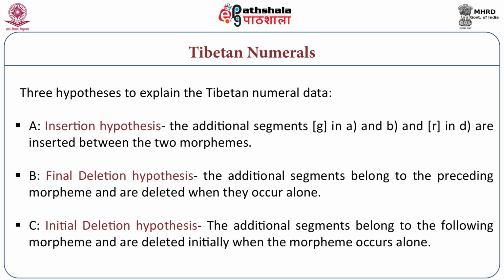If you look at the 3 different analyses, what we find is that the insertion hypothesis will have to be morphologically conditioned. We must assume that in some cases the g is inserted, in the other cases r is inserted, and some other cases b is inserted.